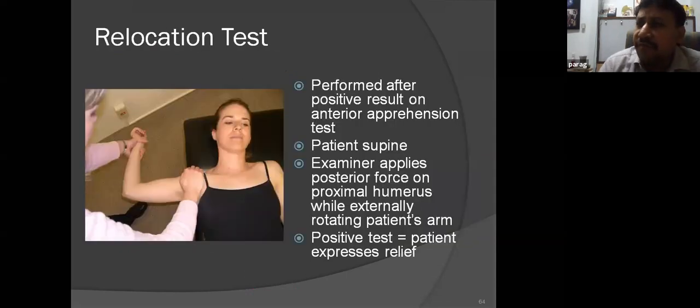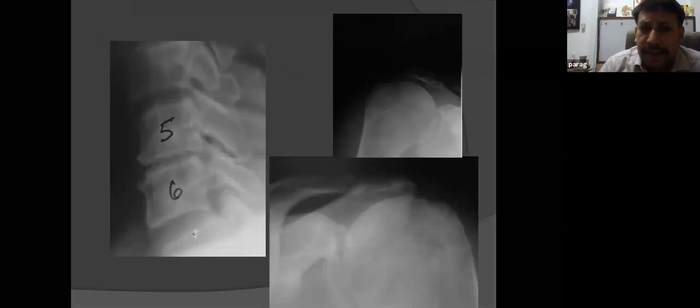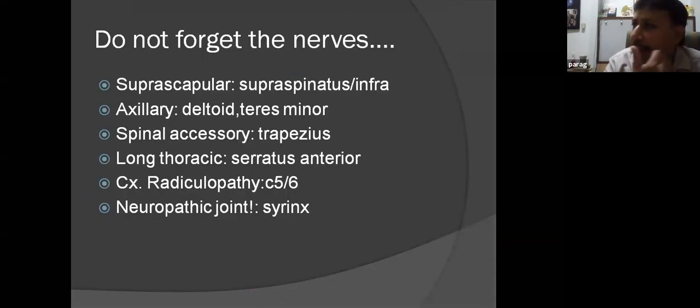We've showed you how to test the rotator cuff, and I've showed you most signs for instability. So if you go through your basic schema of inspection, palpation, range of motion, and special tests, then these basically come to an end here.